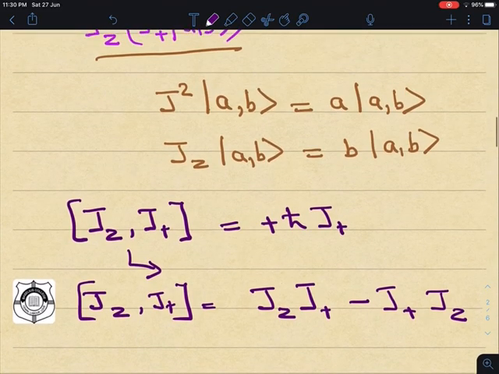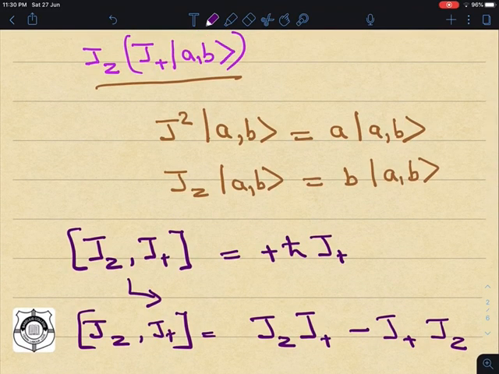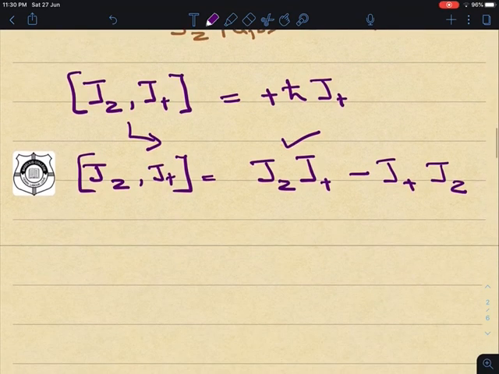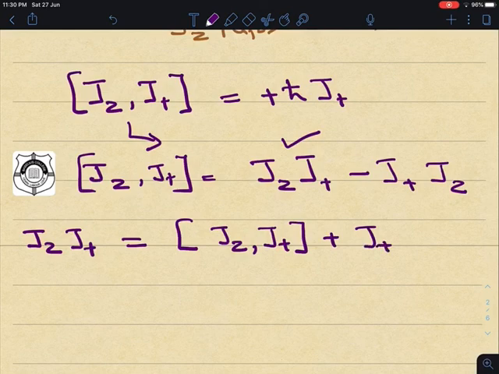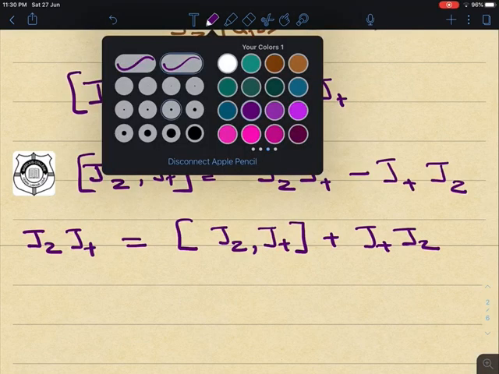So we have to substitute for Jz J plus. So Jz J plus is equal to the commutation of Jz and J plus, plus J plus Jz.